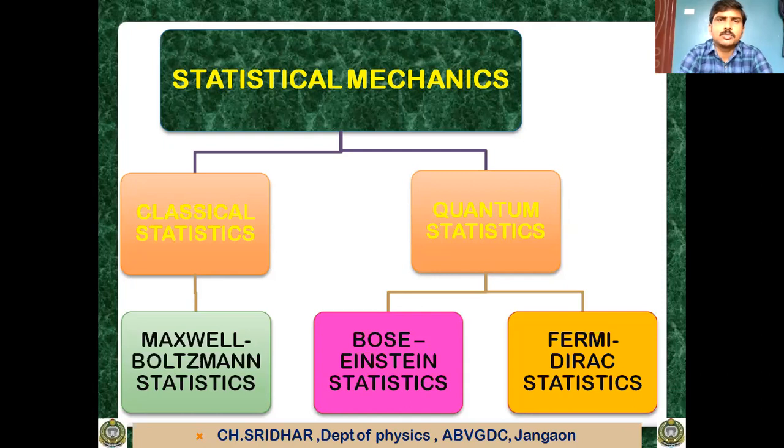The examples of bosons are photons and the helium 4 atom. Whereas if the particles have half odd integral multiples of spin, then the particles are called fermions, and the related statistics is called Fermi Dirac statistics. So in this class, we are going to discuss the Fermi Dirac statistics in detail.